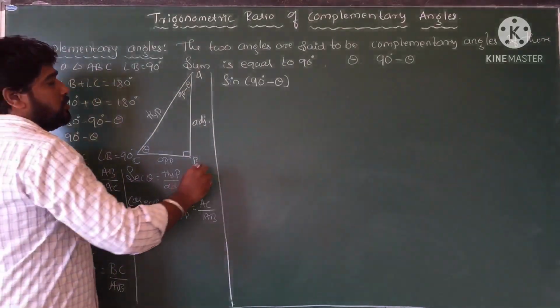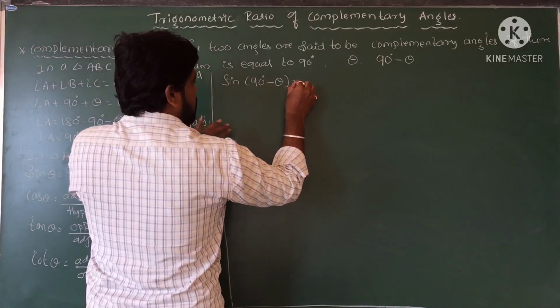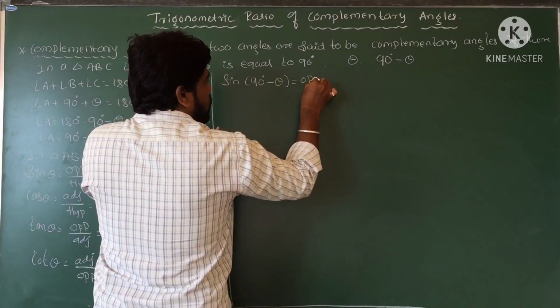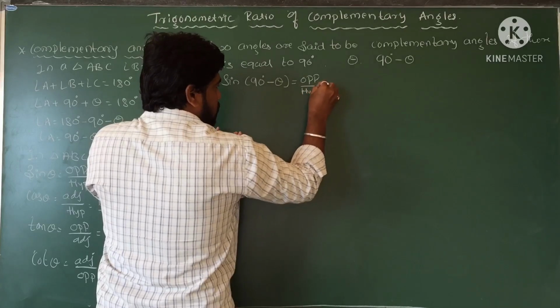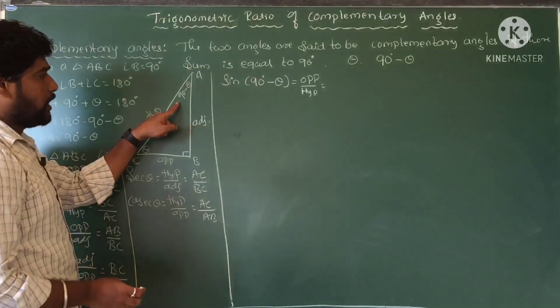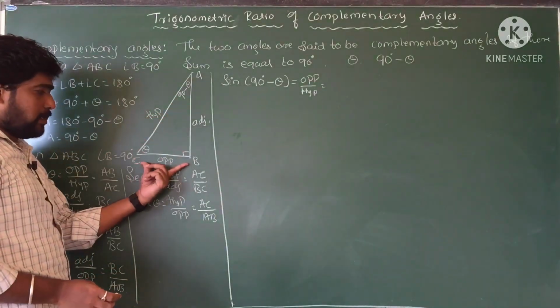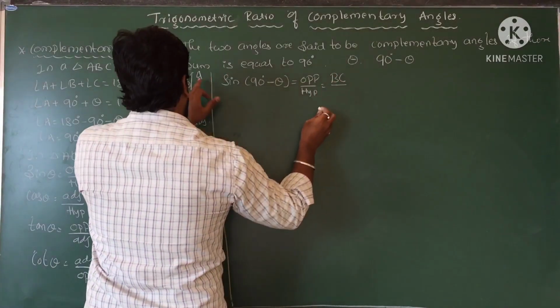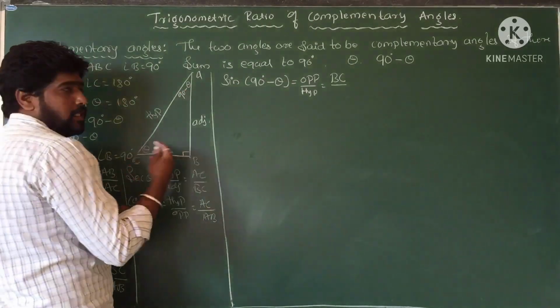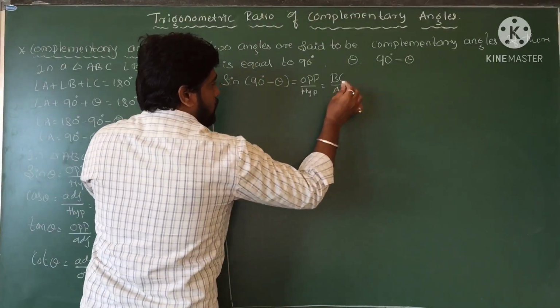Is it clear? So sin 90 minus theta is opposite divided by hypotenuse. The opposite when we consider 90 minus theta is BC. So write down BC divided by hypotenuse AC.